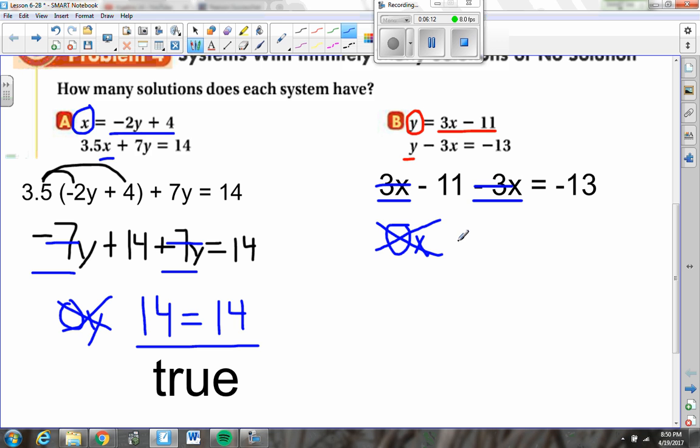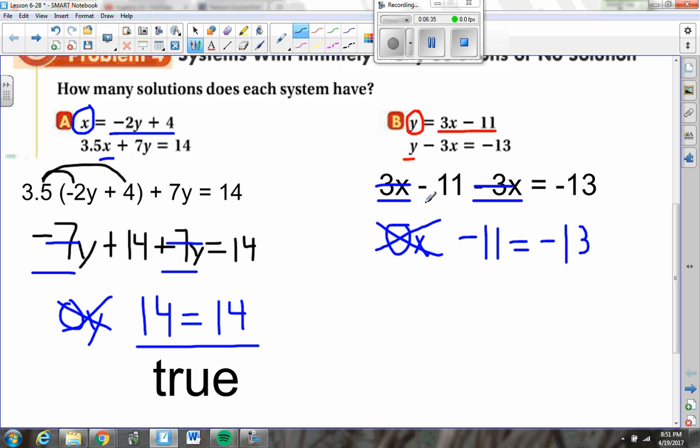So what's left in my equation? What's left is negative 11 equals negative 13, because the only thing on the left side of my equal sign is negative 11 and the only thing on the right side is negative 13.